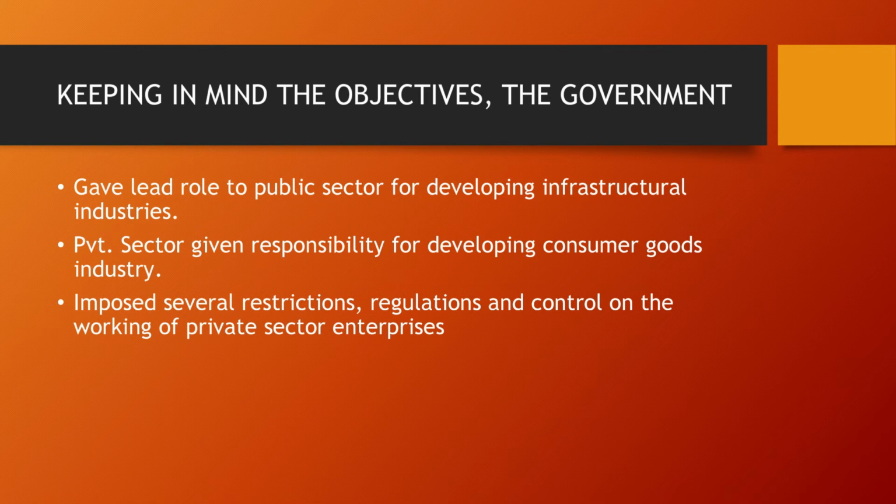But at the same time, in order to provide quality as well as quantity in the consumer goods which will be consumed by the normal public, they made the private sector take the responsibility of producing these goods. Also, the government imposed several restrictions, regulations, and controls on the working of private sector enterprises. So, basically, the entire control was directly or indirectly with the government.